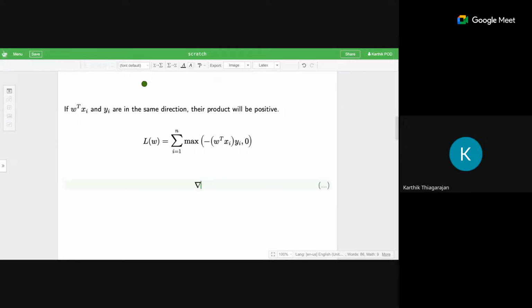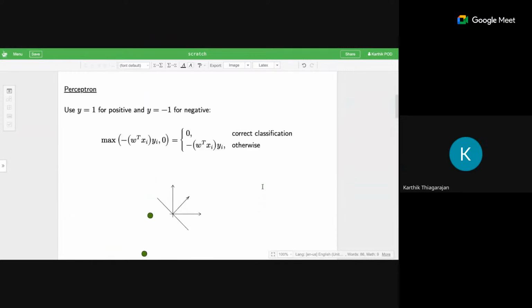For that, what do I need? I need the gradient of the loss function. Let's take the gradient for a single data point, the ith data point. So that's actually the gradient of this big quantity, max of minus W transpose xi yi. The max is for the whole thing, right? This is the quantity whose gradient I need to compute, in a piecewise manner.